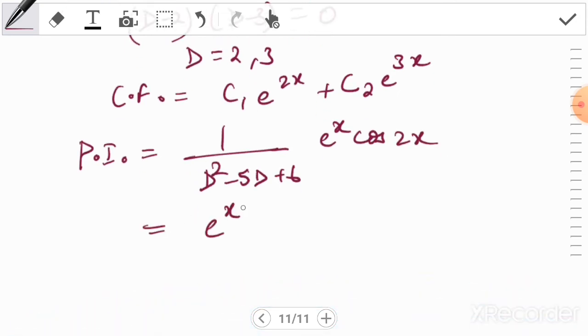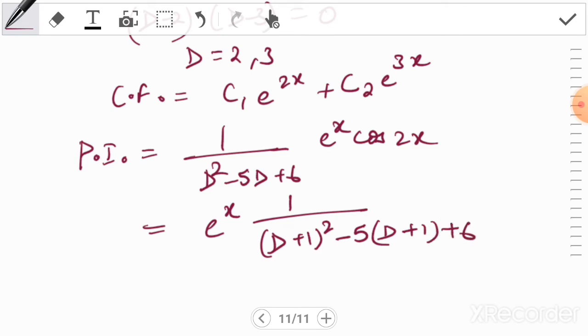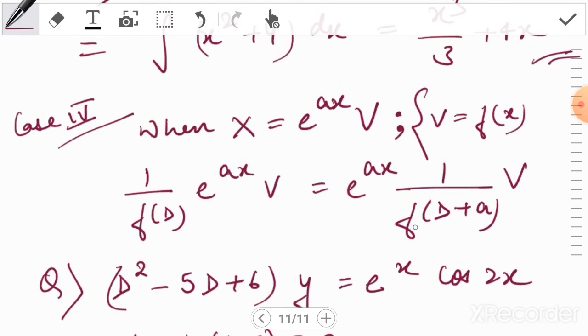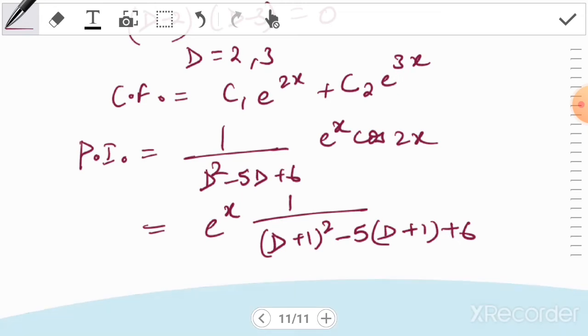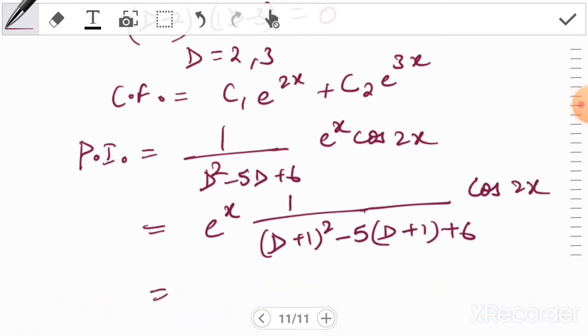So e raised to the power x times 1 by D plus 1 whole square minus 5 times D plus 1 plus 6. Yes, so this was the function f of D plus a. That is why a is 1 here. So D plus 1 square minus 5 times D plus 1 plus 6 on cos 2x. Now e raised to the power x. Now expand.